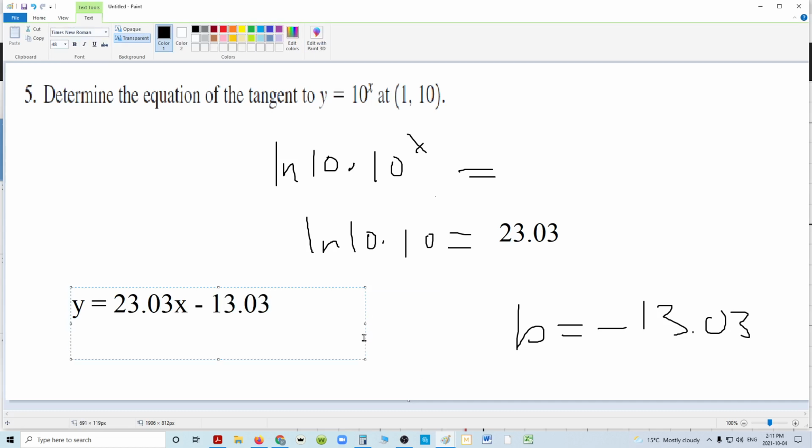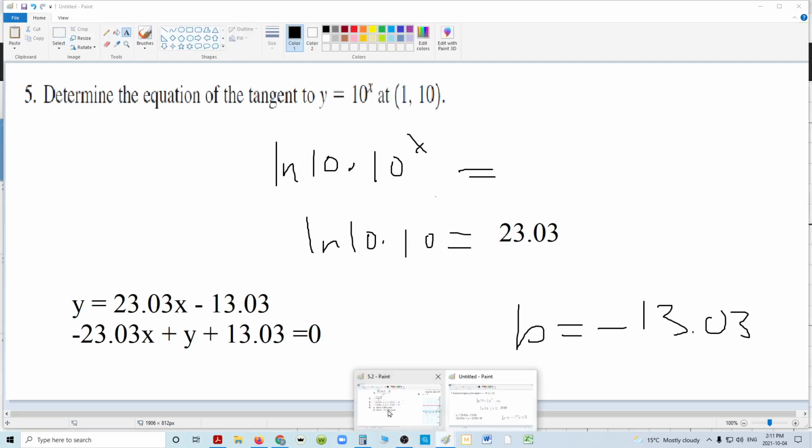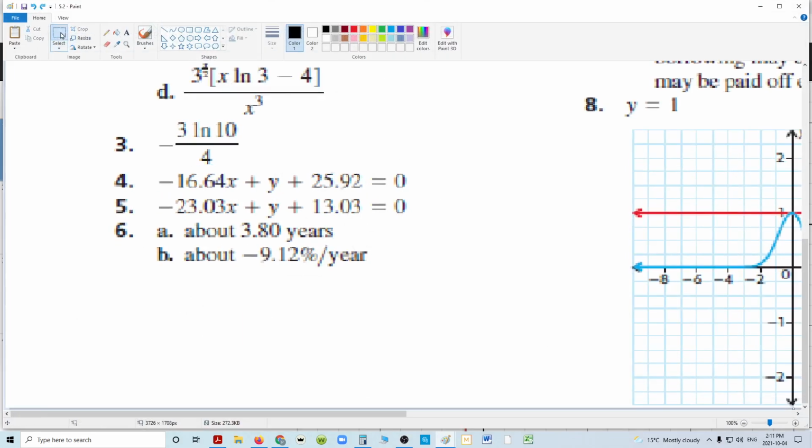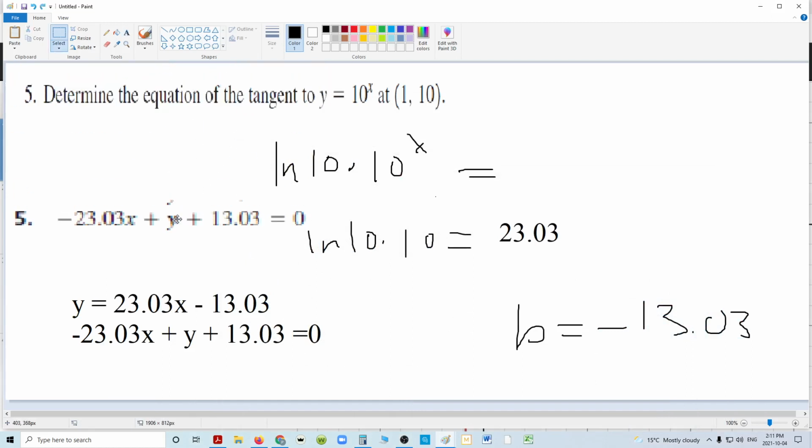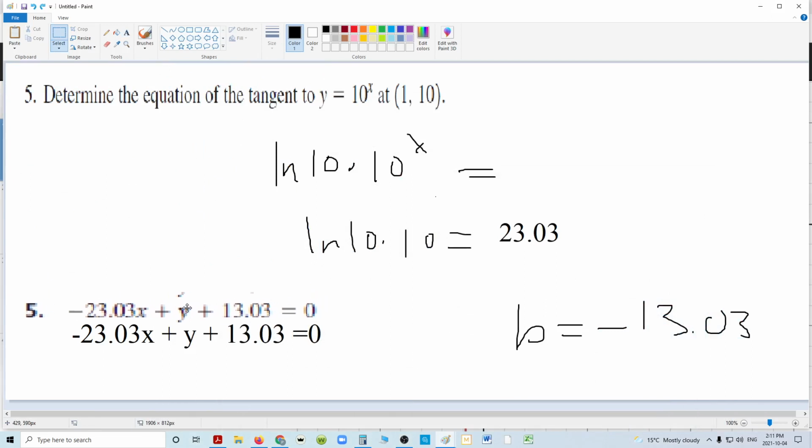And when I rearrange that, I get minus 23.03x plus y plus 13.03 is equal to 0. Let's see if we got that. Yes, we did. Good.